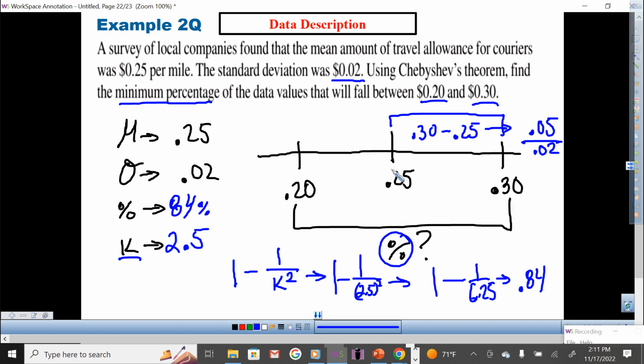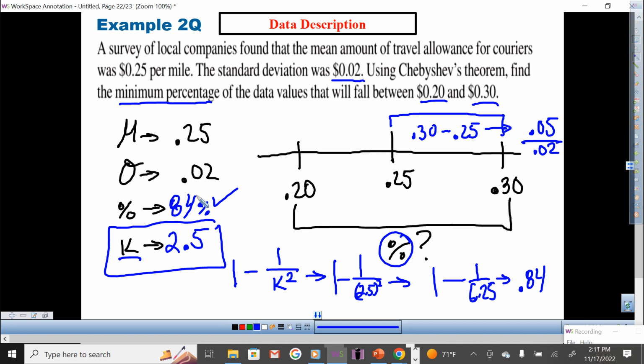From there, I went from the mean to one of the ends so I can find how many standard deviations. So the distance from here to here was 0.05 divided by 0.02, and that gave me the value of k. Once I found that, I substituted into the formula, found my decimal, and that's how we found our percent.